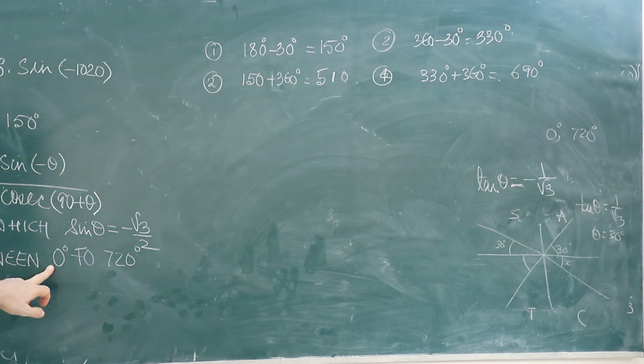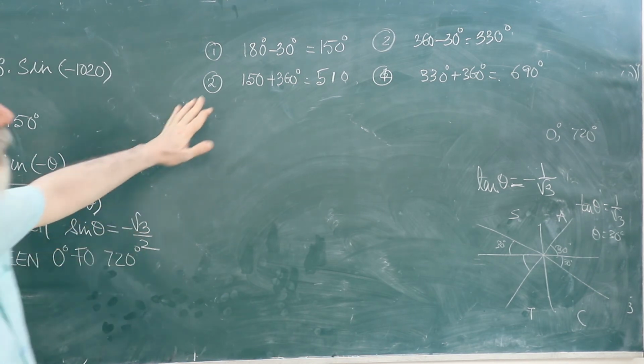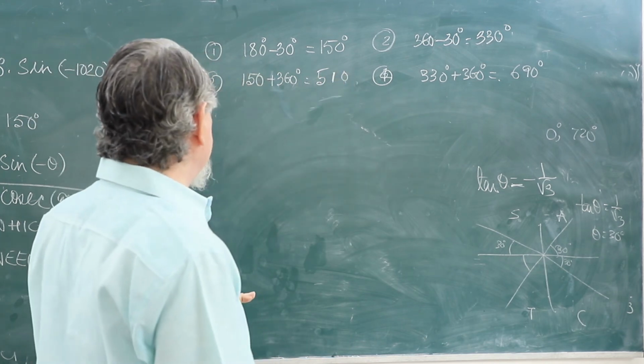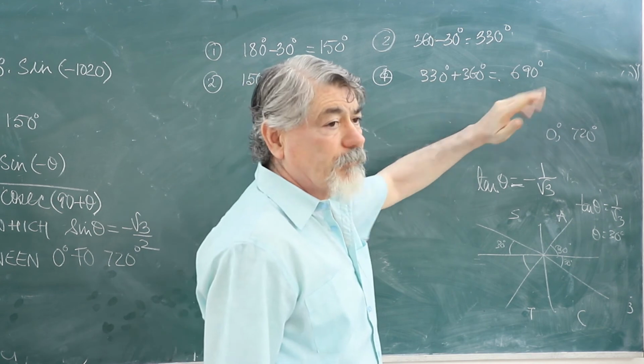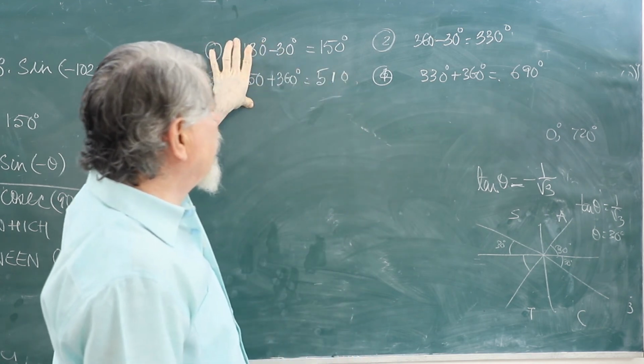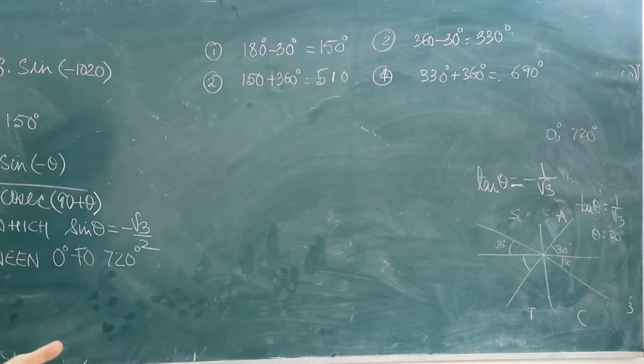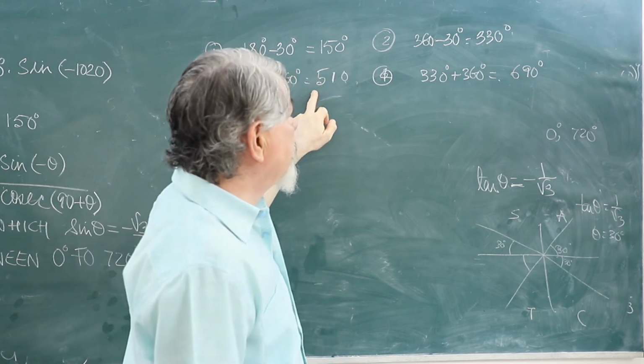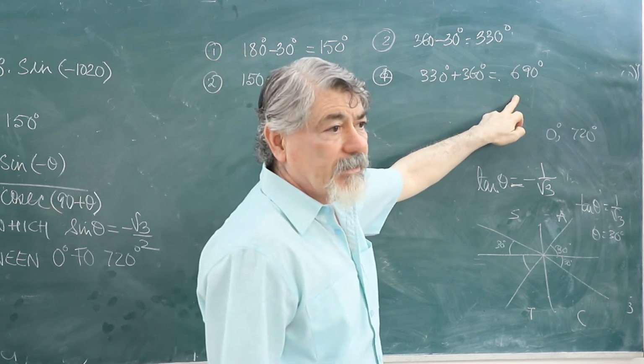So the values have to be between 0 and 720. If I add 360 again, it will become more than 720. So the four values corresponding to which tan theta will be minus 1 upon root 3 are tan 150, tan 330, tan 510, tan 690.